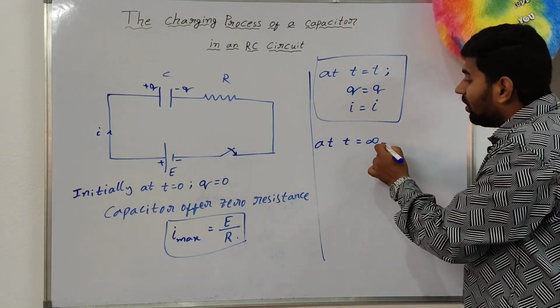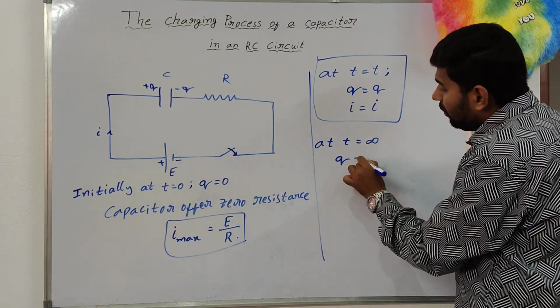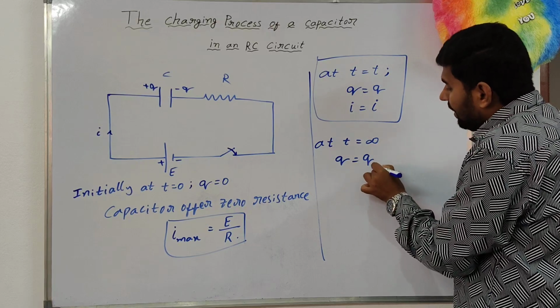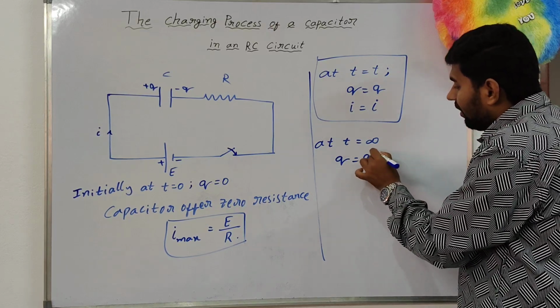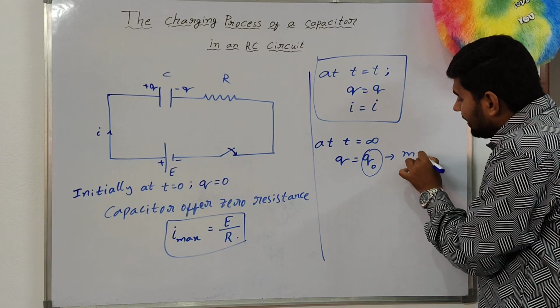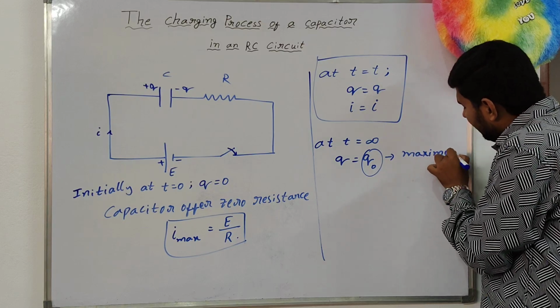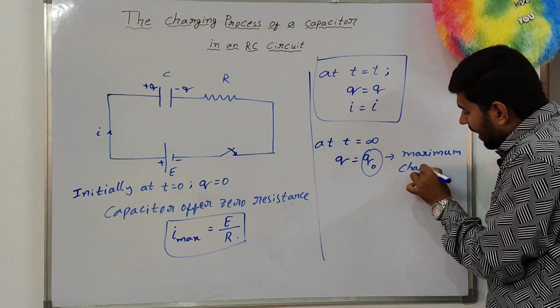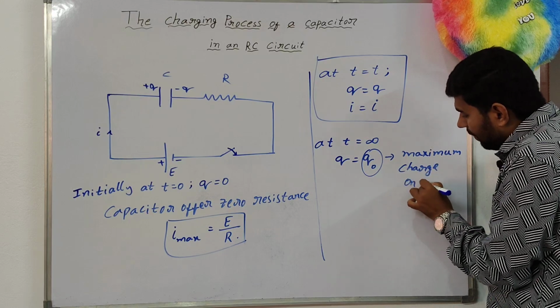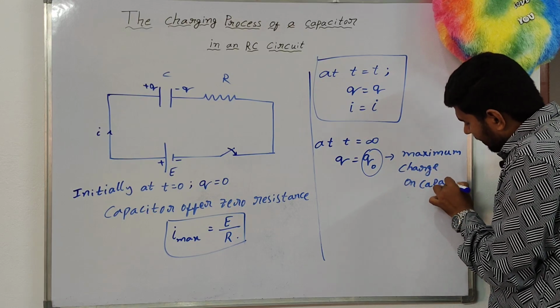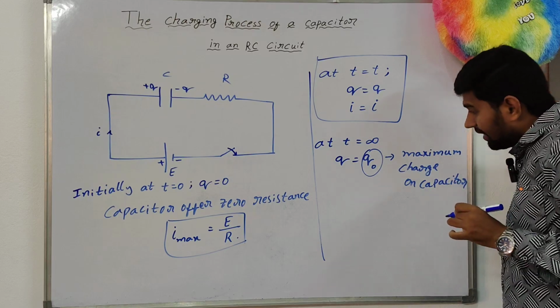At t is equal to infinity, the charge Q becomes maximum, Q naught, where Q naught is the maximum charge on the capacitor.